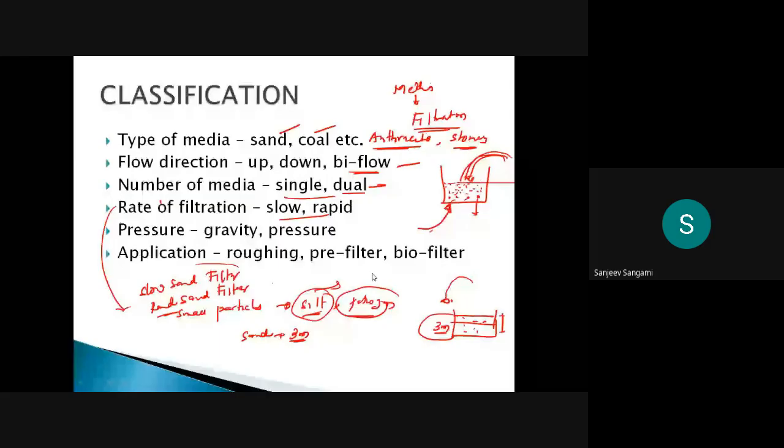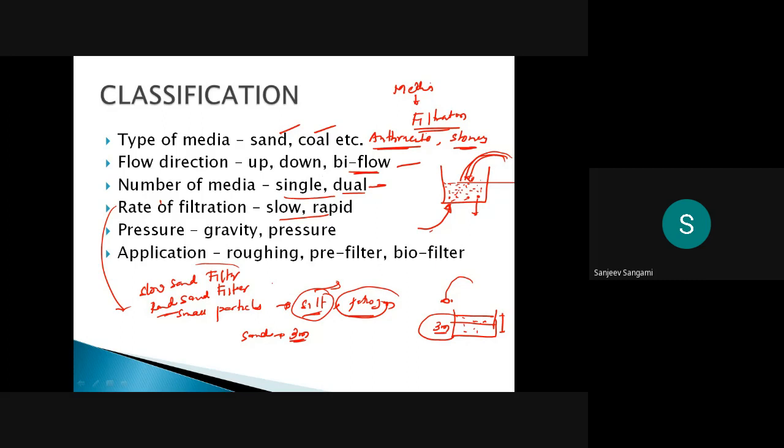Okay, we're discussing the slow sand filter and rapid sand filter process. You can see that based on the rate of filtration, we are going to classify into two ways, that is the slow sand and rapid sand filtration.